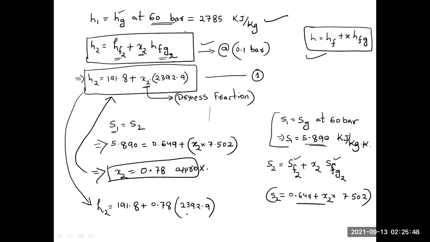Okay, now after calculating this one, H2 value we will get 2058.262 kilojoules per kg.